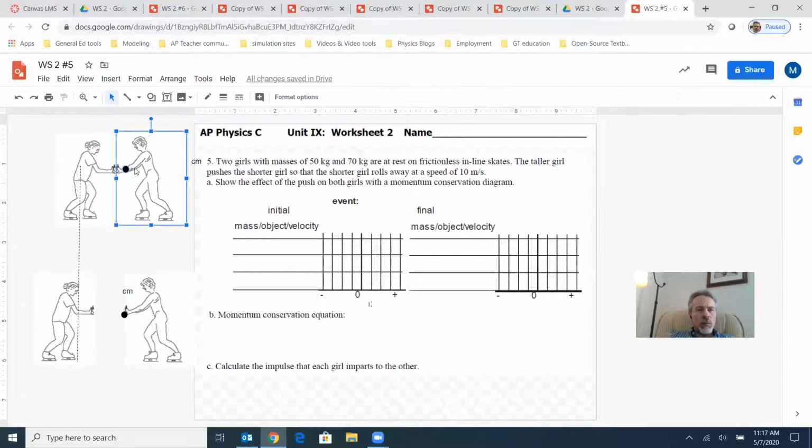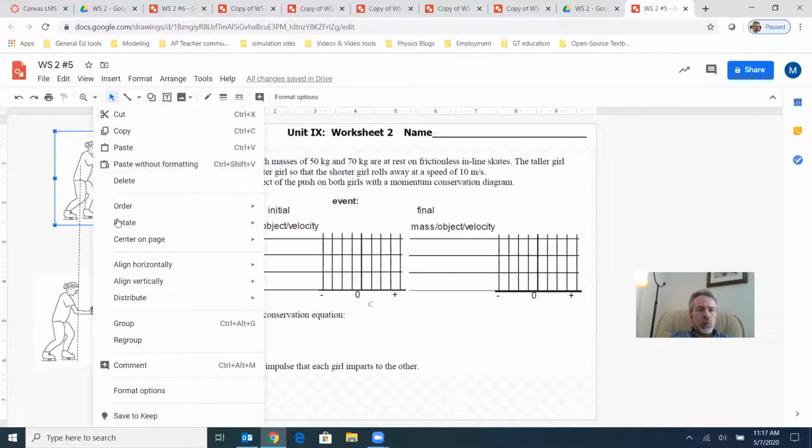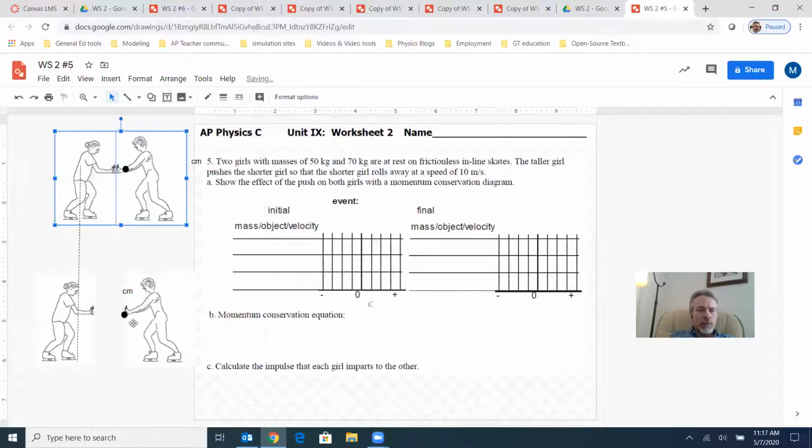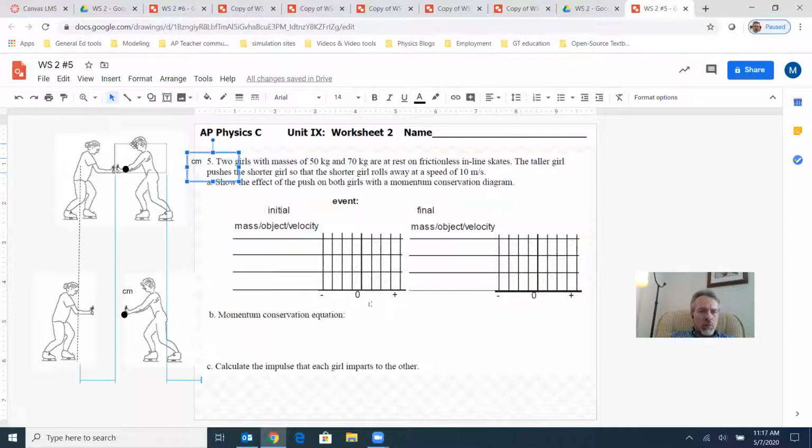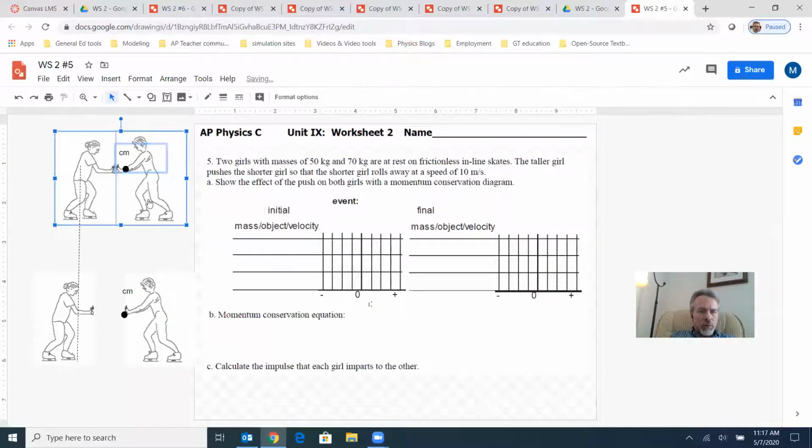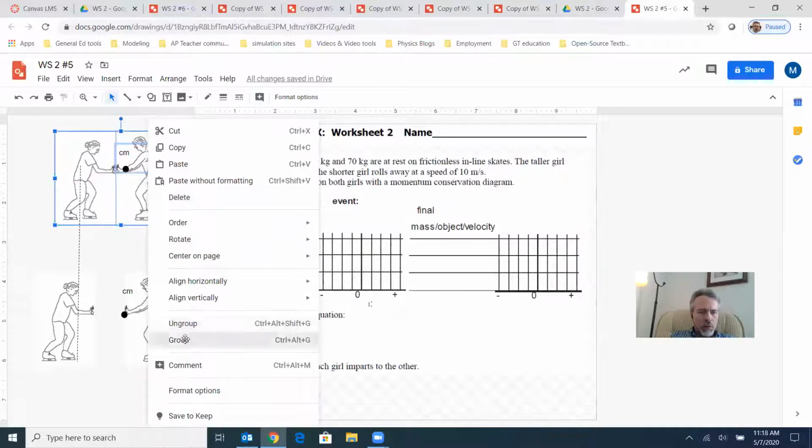Why is it not ungrouping these things? Okay, group. Okay, and then, oops. Just be patient for a second. Definitely going somewhere with this. I think it's kind of cool anyway.